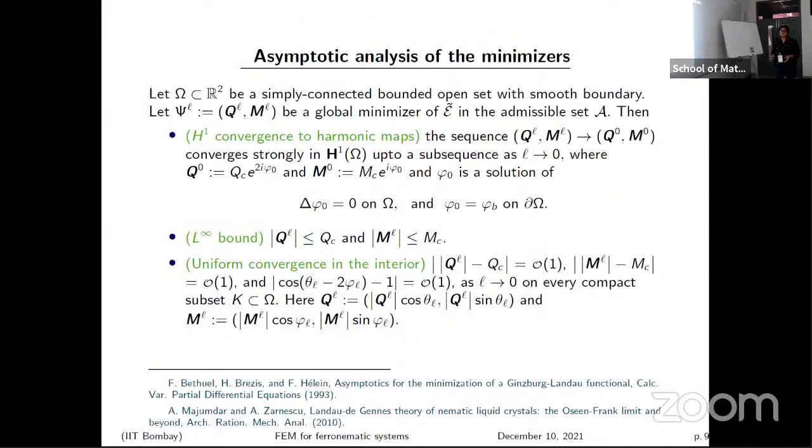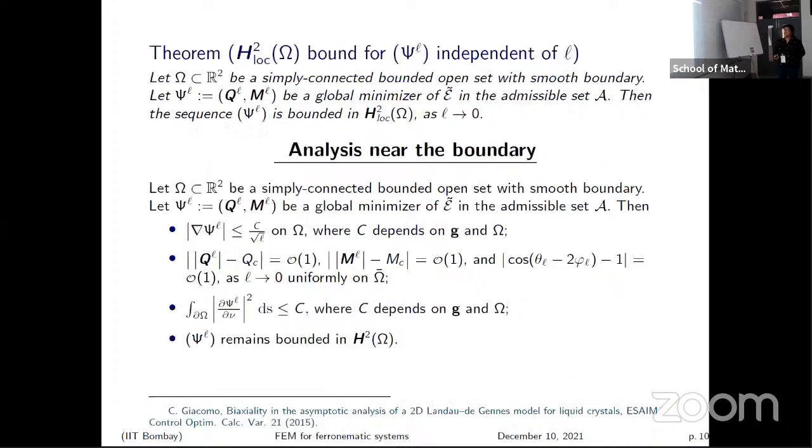Next, we establish this uniform convergence result in the domain interior, where we establish that the modulus of Q_L converges to Q_C, and the absolute value of M_L converges to M_C, and this is the convergence result for the angles where Q_L and M_L have this representation. So these results hold on every compact subset of the interior of Omega.